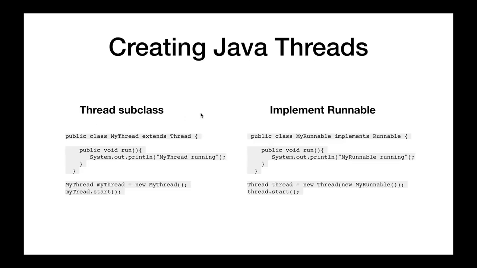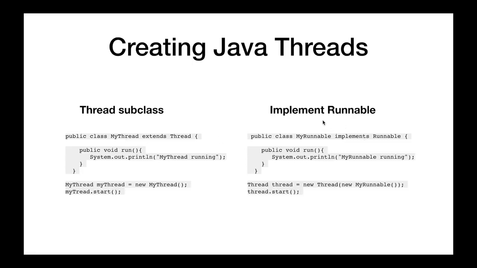First is the Thread subclass. For creating a thread using the Thread subclass, we will create a class that extends Thread and override its run method. We will create an instance of that class and call its start method. When we call the start method, the thread starts to run and it calls the run method implementation of our thread class.